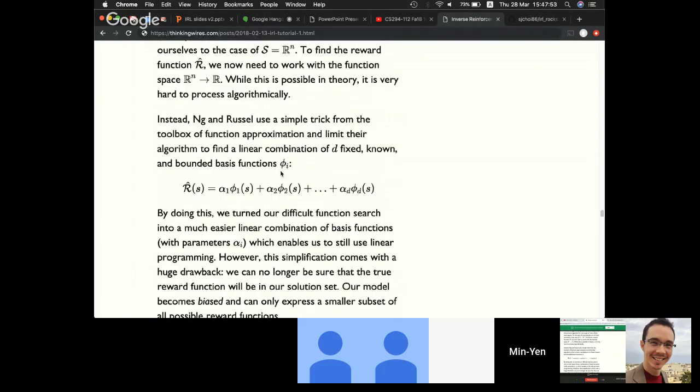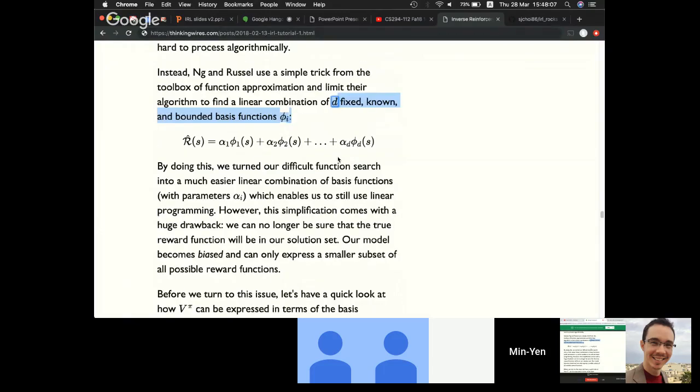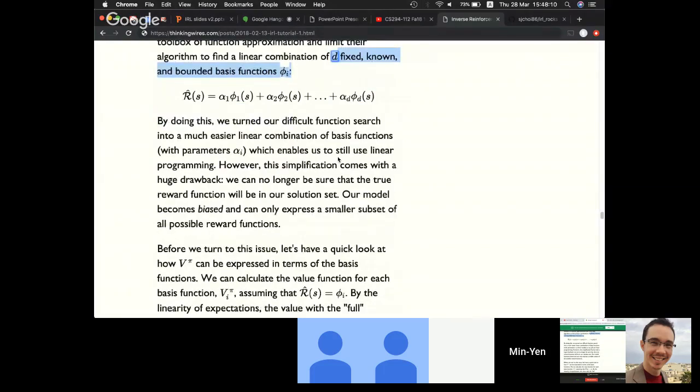So what we're going to use is function approximation, and then try to limit the algorithm to find a linear combination of fixed, known, and bounded basis functions. So now if you have an inventory of basis functions, then all you need to do is find some linear combination of those basis functions, right? That allows us to do linear programming.